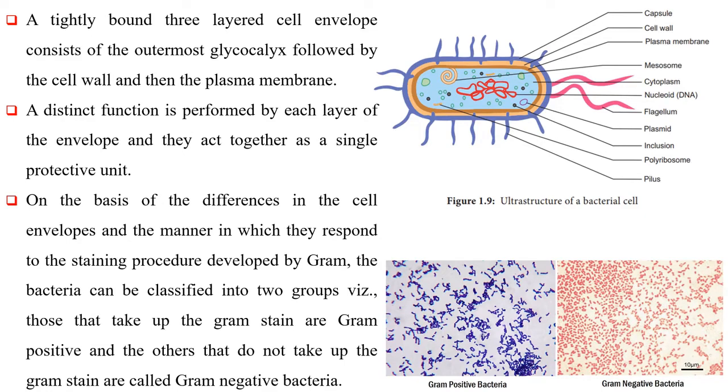On the basis of the differences in the cell envelopes and the manner in which they respond to the staining procedure developed by Gram, the bacteria can be classified into two groups: those that take up the Gram stain are Gram positive and the others that do not take up the Gram stain are called Gram negative bacteria.